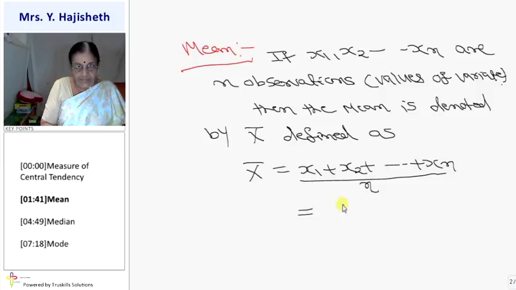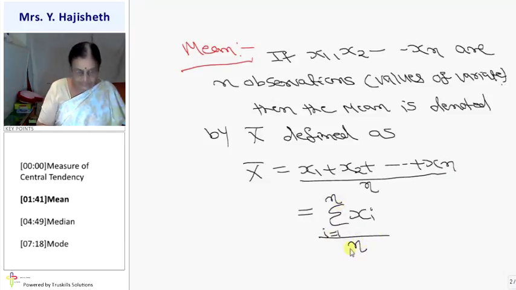Symbolically we can write in sigma notation, sigma xi, i is 1 to n, upon n. This is the first formula, mean of ungrouped data.